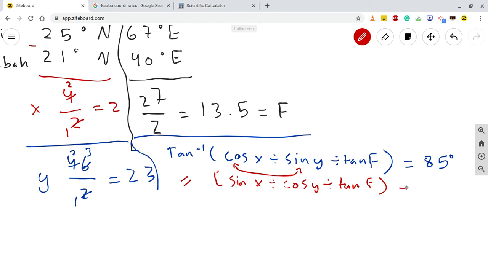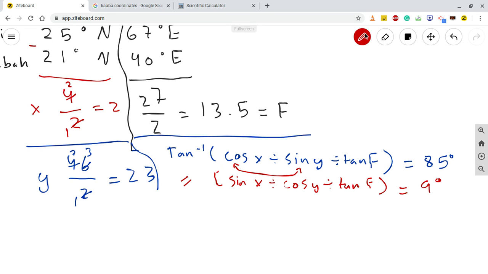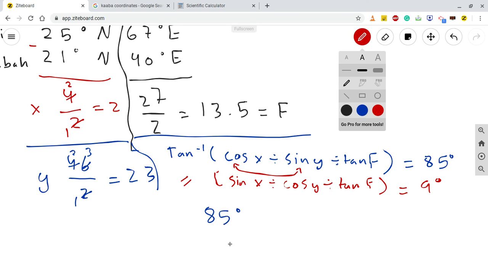This one equals 9. Okay, now we will add 85 degrees plus 9 degrees.